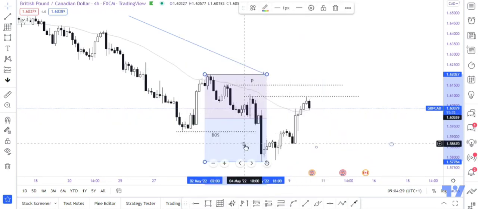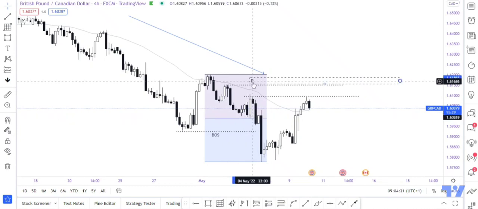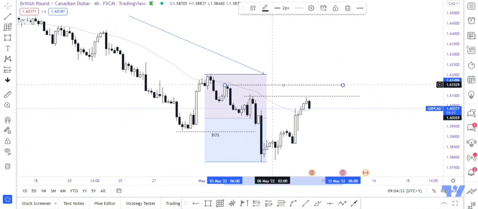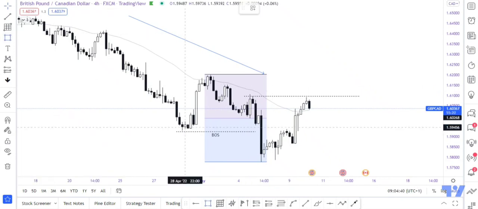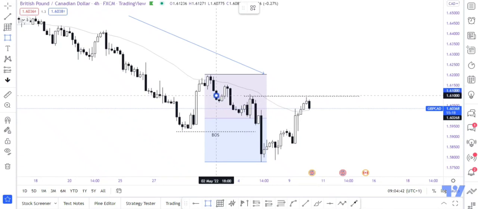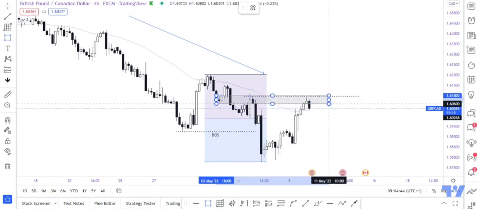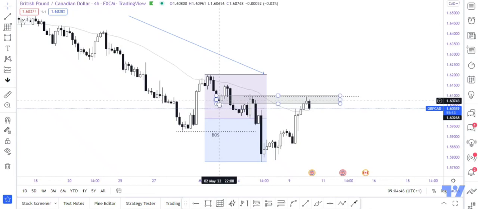So I waited for price to get to the premium level, and then I looked for areas around the premium level to take a sell from. First, I can identify this as an interesting area in the market, because we had price creating a support right here.